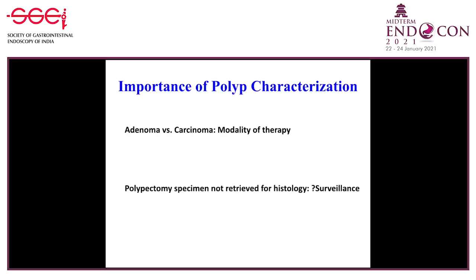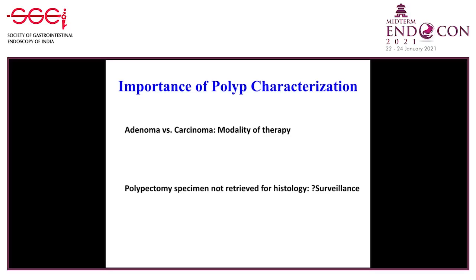Colonoscopy is an invasive procedure, and when we come across polyps, we need to remove them so that the patient doesn't have to have another procedure. The therapy also depends on the nature of the lesion. For example, if you have a polyp which is adenomatous, then it can be resected endoscopically. However, if it's a polyp which has features of invasive carcinoma, then that person has to go for surgical therapy. And NBI can help us in differentiating these two types of lesions.